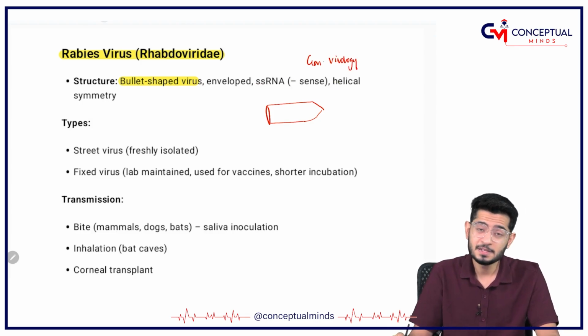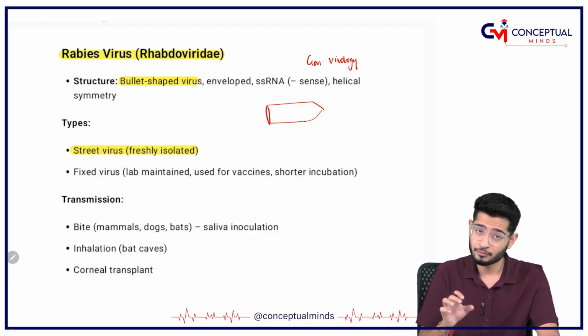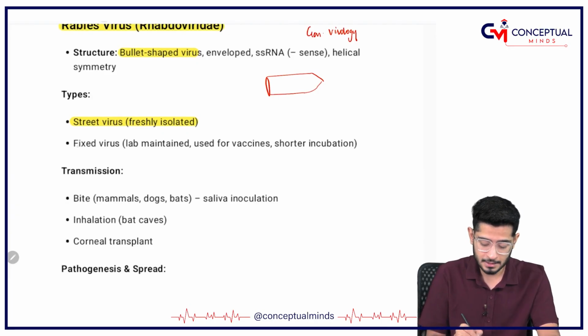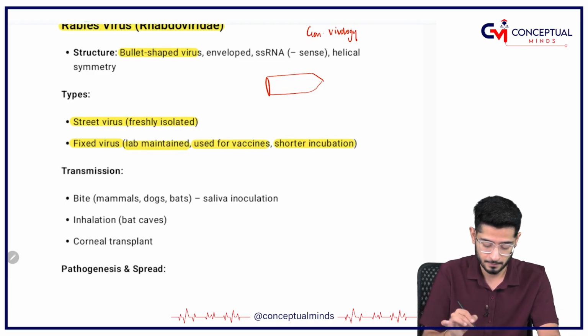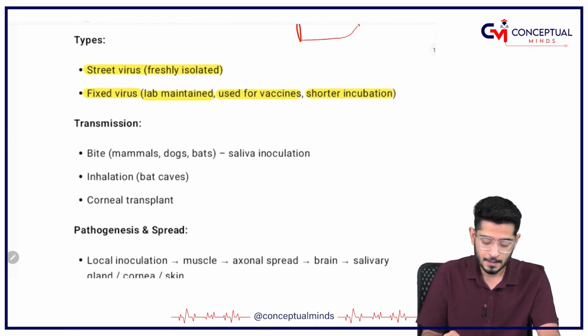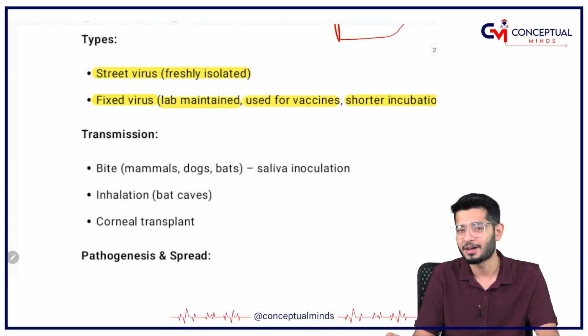Now, rabies virus is of two types. One is the street virus, that is freshly isolated. The other is the fixed virus, that is maintained in the labs, used for vaccines and having a much shorter incubation period. Very simple, there are two types of kids in families.